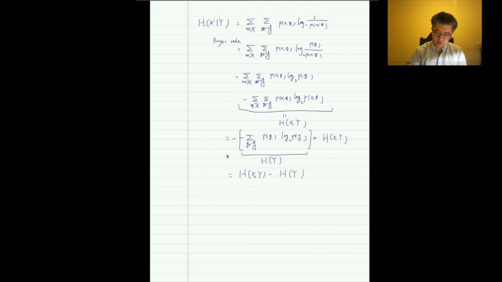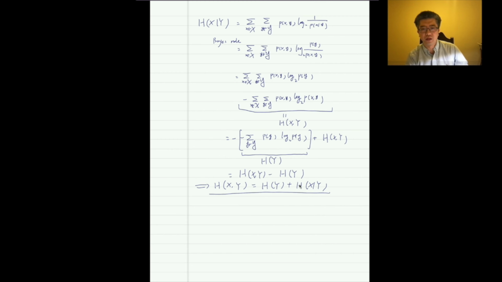Okay, so now let's write it more clearly. H(X,Y) equals H(Y) plus H(X given Y). This is one important identity that we're going to use all the time in this class. You can see this is not very hard to remember.